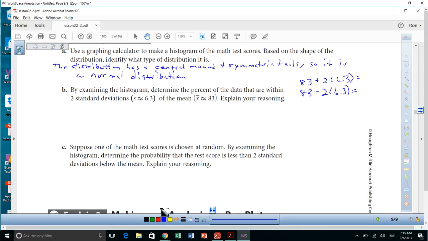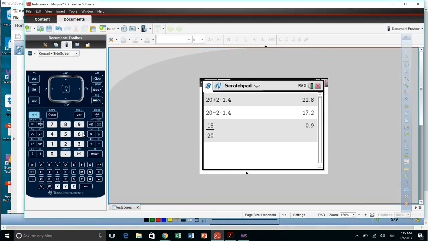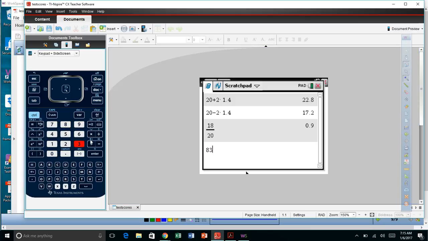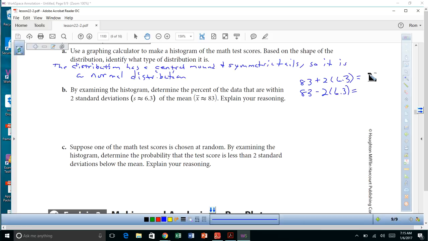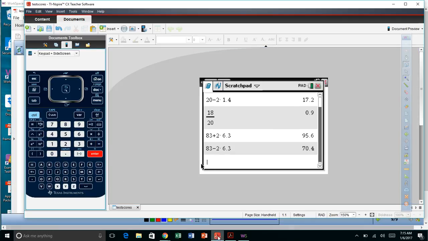That'll give us our interval. 83 plus 2 times 6.3 is 95.6, and the lower end is 70.4.